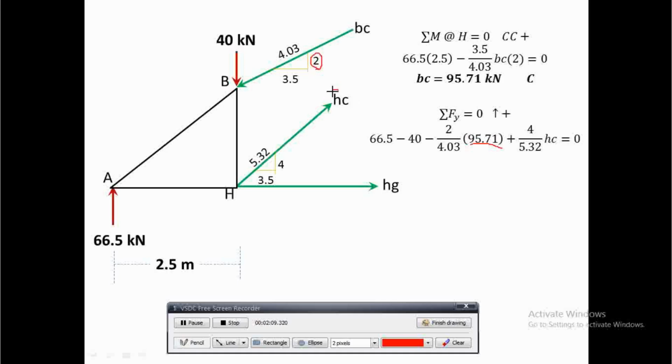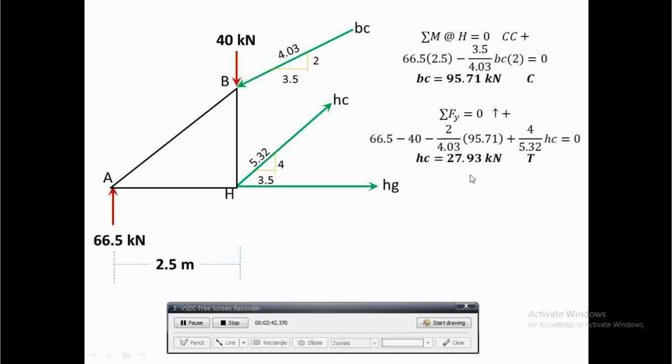The vertical component of HC is 4, divided by the hypotenuse 5.32, multiplied by HC. Substituting in my calculator, my HC is equal to positive 27.93. Again, positive, meaning my direction for HC is correct. HC is away from the joint, therefore it is tension.